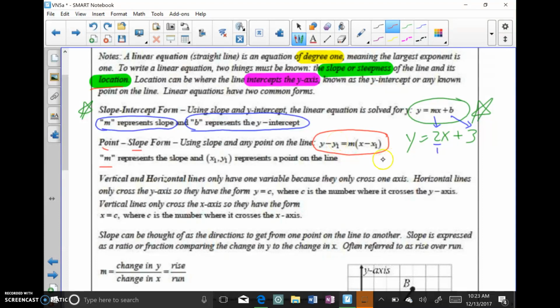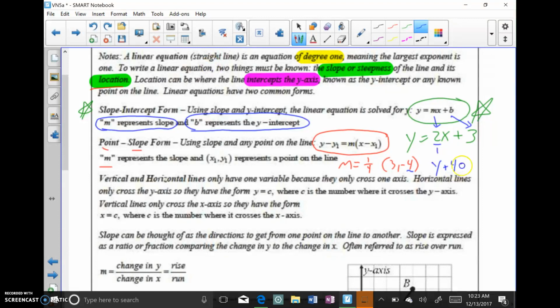For example, let's say we know the slope of a line is 1/4. Again, I'm going to talk more about what that means in a minute. And we know the line is on the point (3, -4). Well, in point-slope form, that would be y minus the y value of the point you have. And when we minus a -4, the minus negative becomes plus.